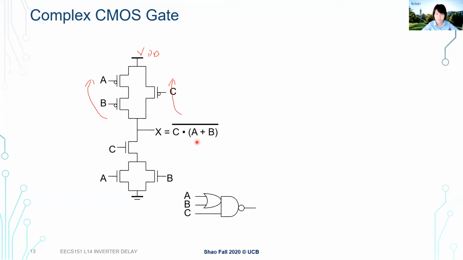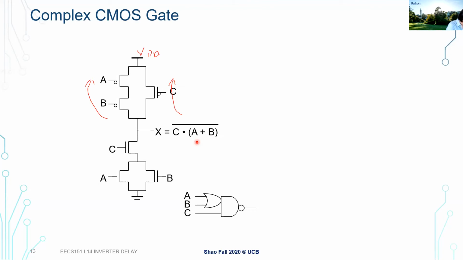Yes. I think that way we'll also get the same expression, but my question is, do we always want that to be a big bar at the top? I see. So you will design NMOS first, right? Then we like to have a big bar at the top because we design NMOS, and this is how things are connected. And when the bottom equation is true, we are getting a 0, right?